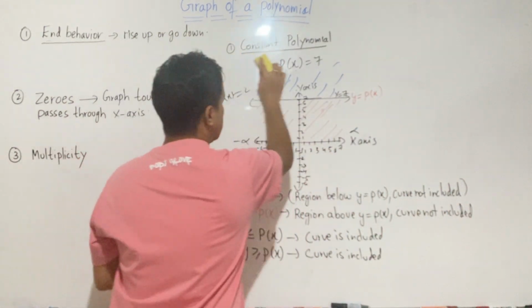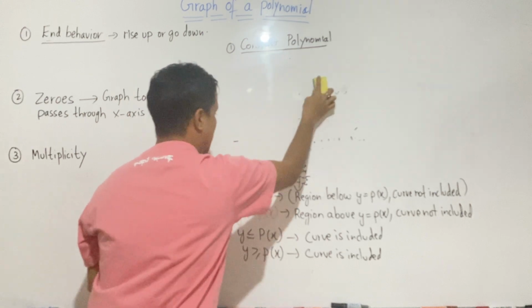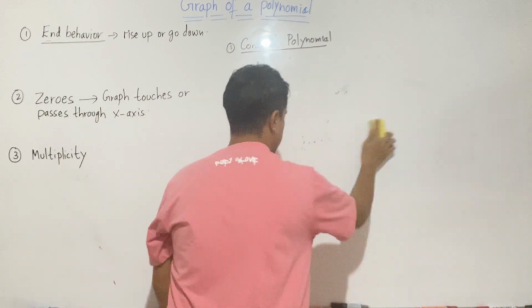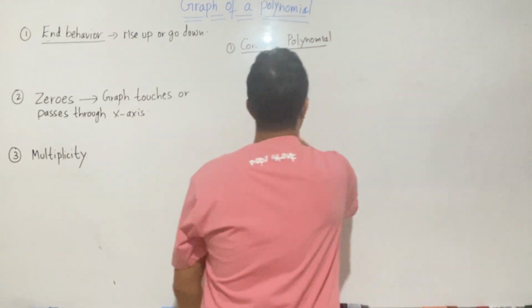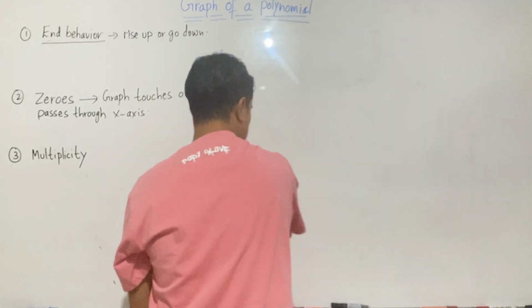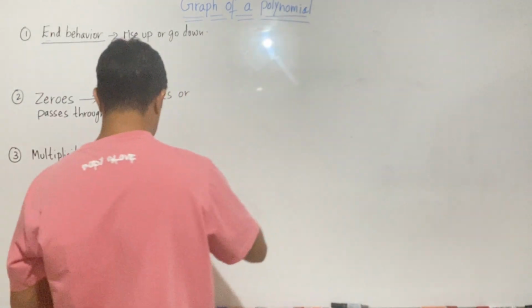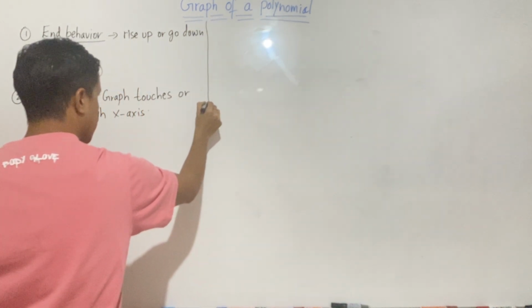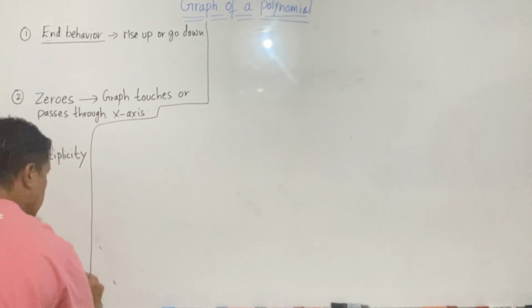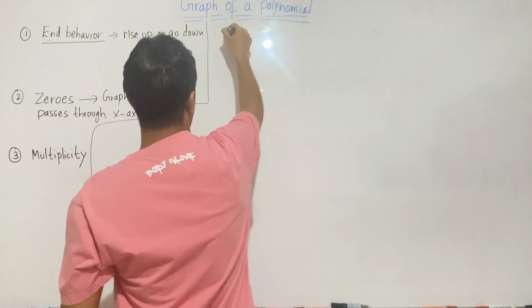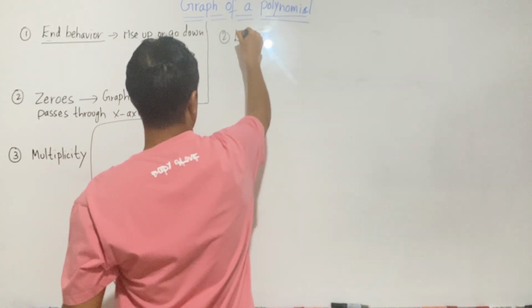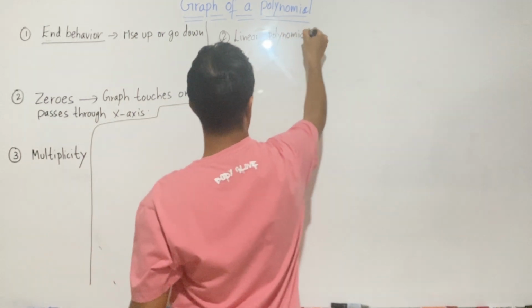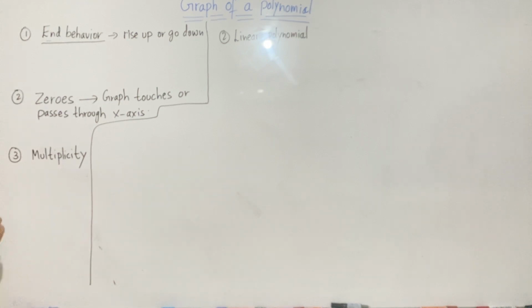Now let's go to the linear polynomial. Yes, I need 4 things here.